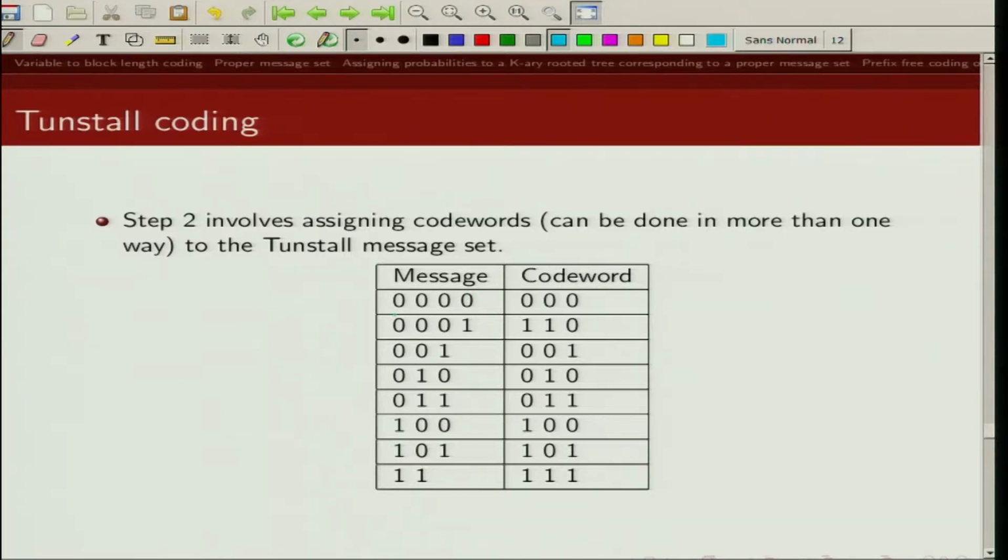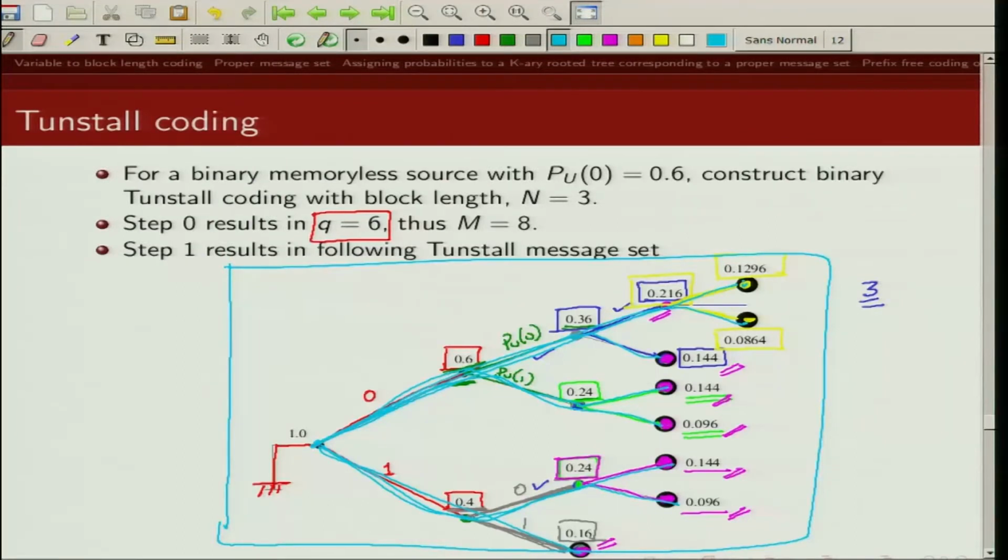So you can see, for example, this one corresponds to 0, 0, 0, 0. This corresponds to 0, 0, 0, 1. This corresponds to 0, 0, 1. This one corresponds to 0, 1, 0. This corresponds to 0, 1, 1. This one corresponds to 1, 0, 0.